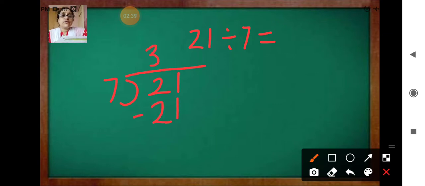Okay, now give your subtraction sign. Do the subtraction. 1 minus 1, 0. 2 minus 2, 0. So you can put 0 here. And the quotient is 3. Okay? All have understood how to write?